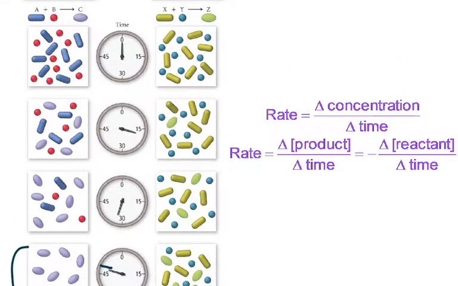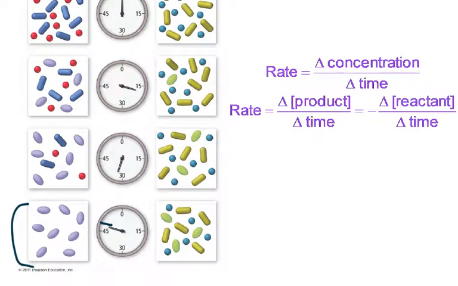Or we can have a slower rate, looking at X plus Y going to Z. Over that same period of time, we've only formed 3 molecules of Z, and we still have a good amount of X and Y left. But either way, the rate, change in concentration over change in time, if it happens quickly, you're going to get a higher rate. It's going to be a higher number than one that happens slowly.